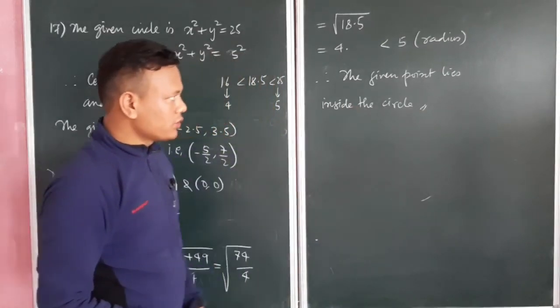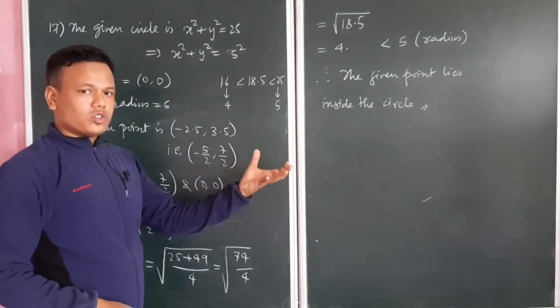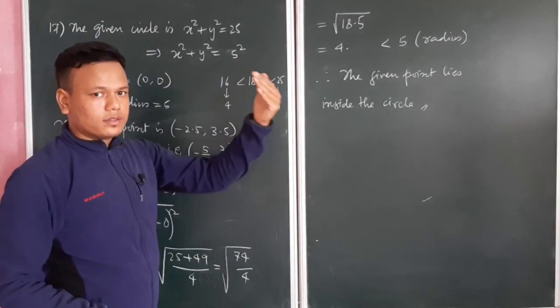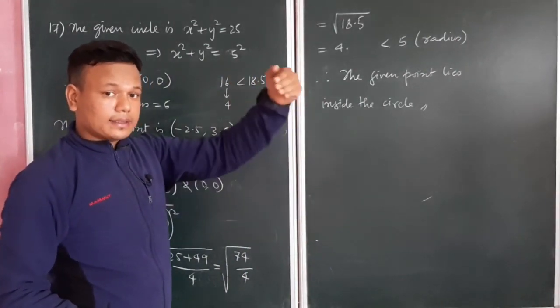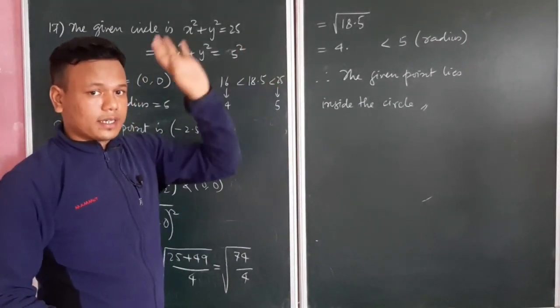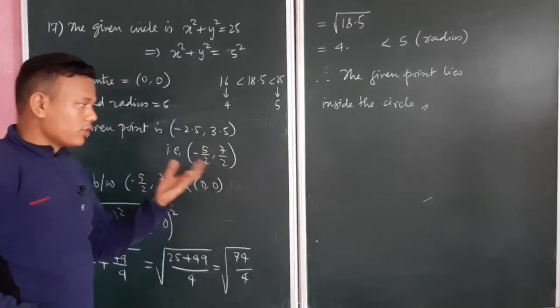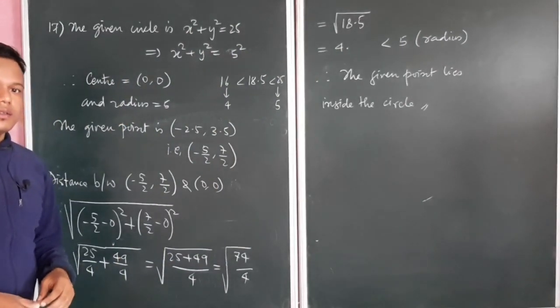Alright, so this is the process in which we show whether the point lies inside, outside, or exactly on the circle. Okay, so pause the video to note down. Thank you very much.